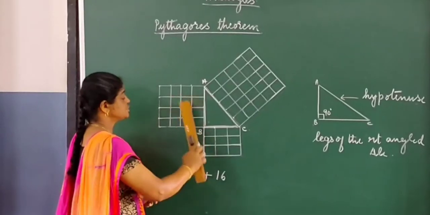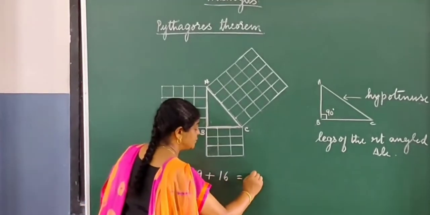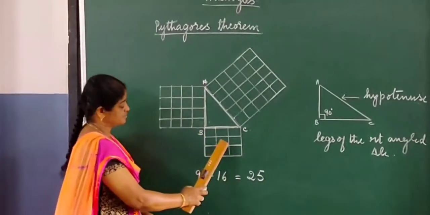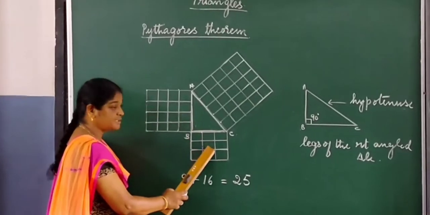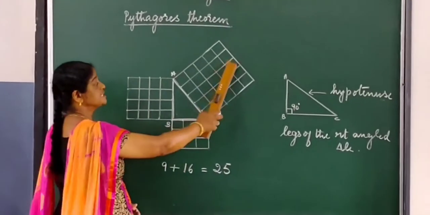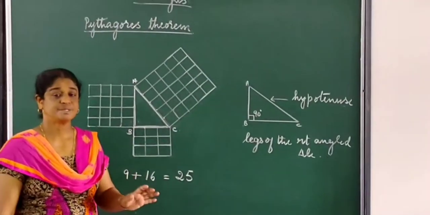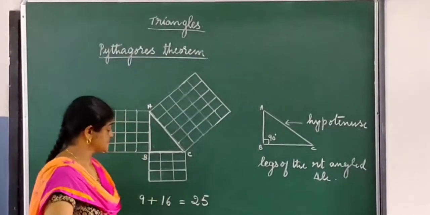So this and this together, 9 and 16, when you add you get 25. So when you put 9 squares and 16 squares together, the sum is equal to 25. This is a very important concept which was found out by Pythagoras.